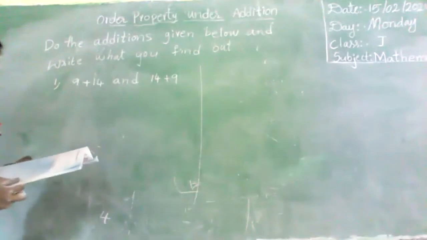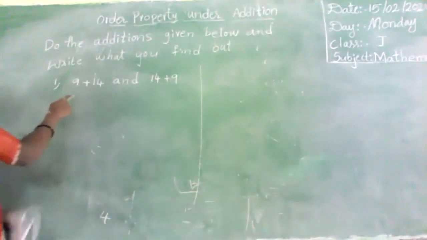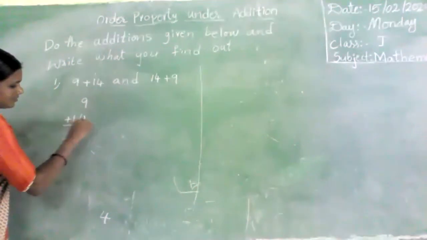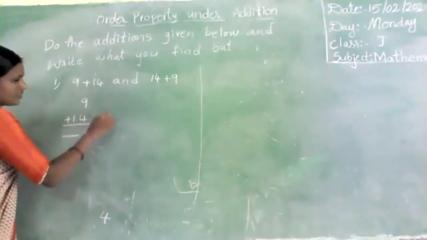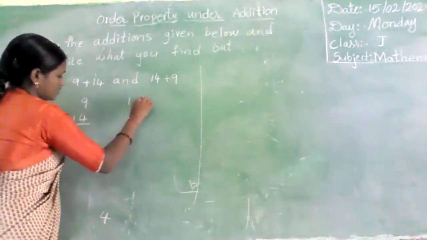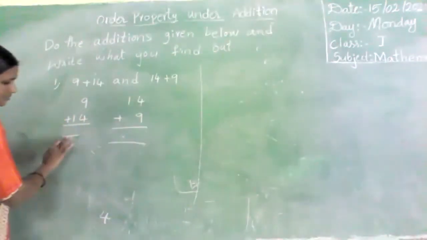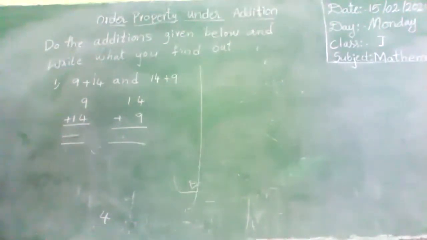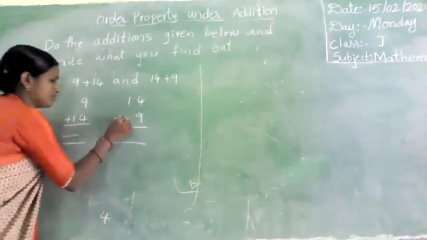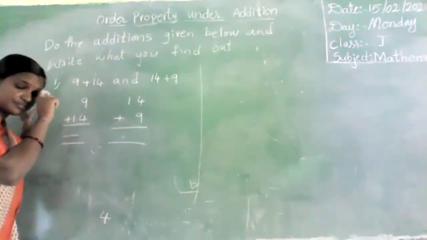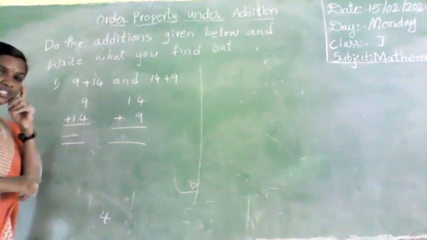See here, look at the board. 9 plus 14. Next, 14 plus 9. See, Anna, look at the board. See properly. 9 plus 4, first ones place. 9 keep in mind.